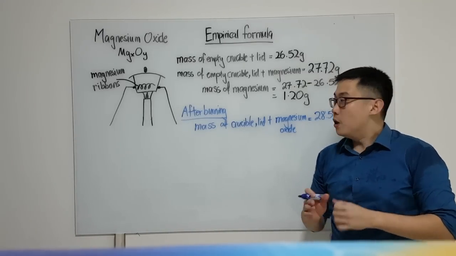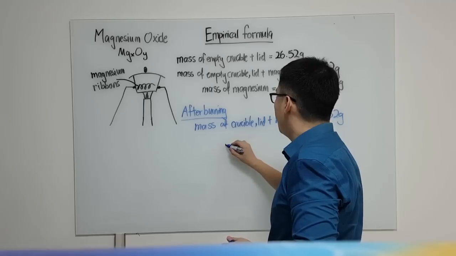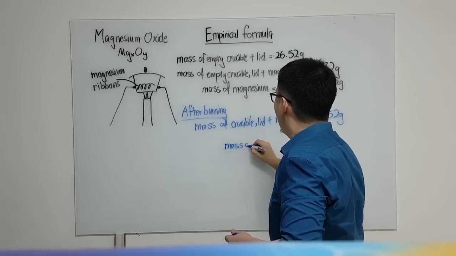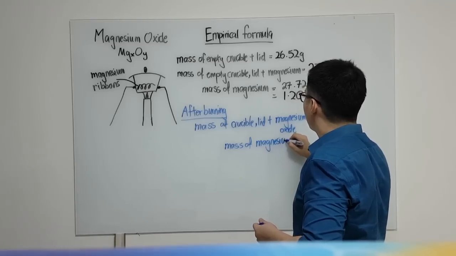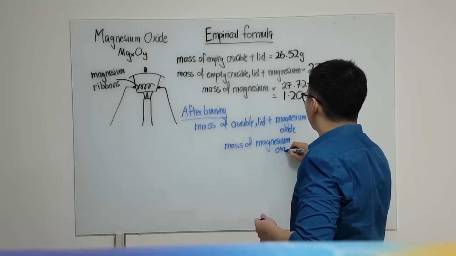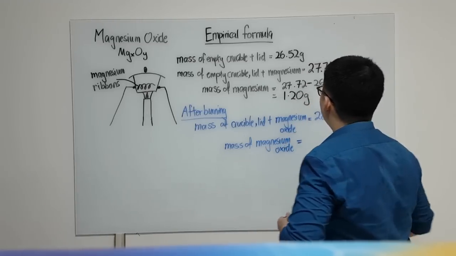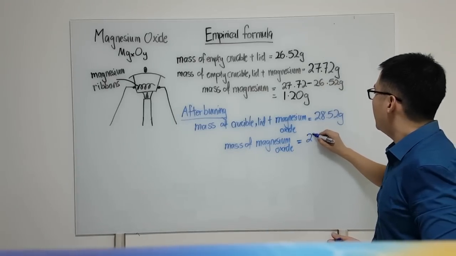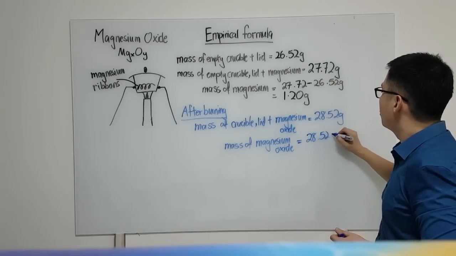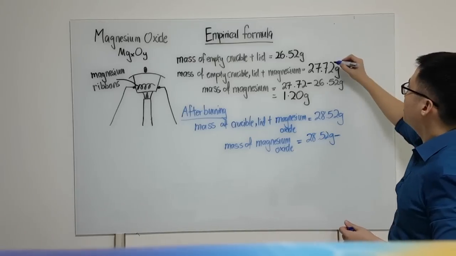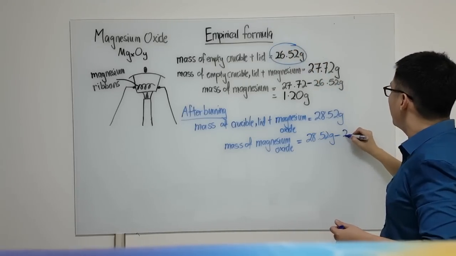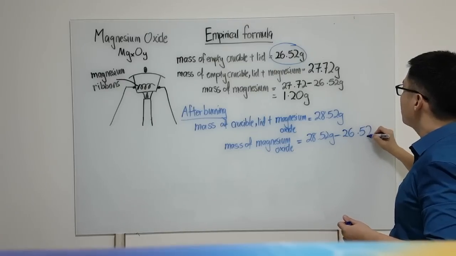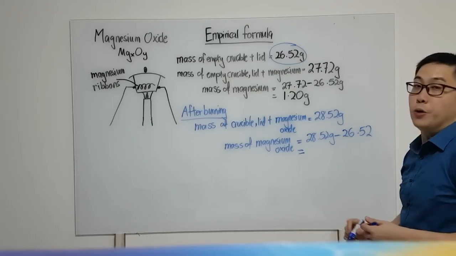That, student, will allow us to determine that the mass of my magnesium oxide is actually equal to 28.52 grams minus this number here, 26.52, and that, student, will give me 2.00 grams.